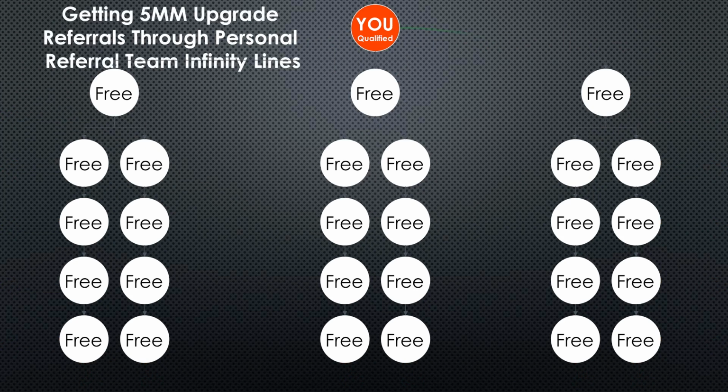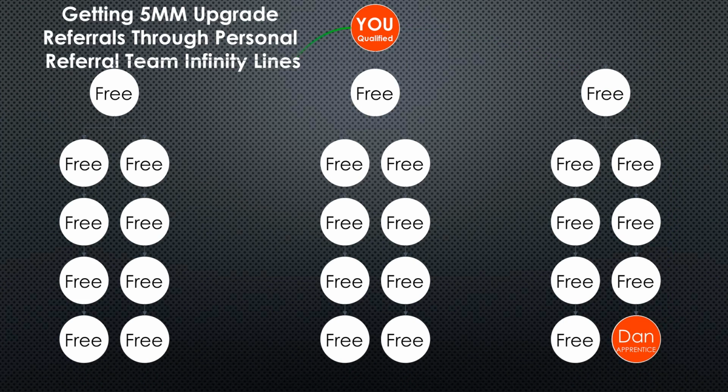And then how it happens is when someone upgrades through your referral or the referral of anyone in your infinity line, the commission is awarded to the next upline qualified person. So if Dan, down 5 levels below you on that right infinity line, upgrades, you are going to get his commission.